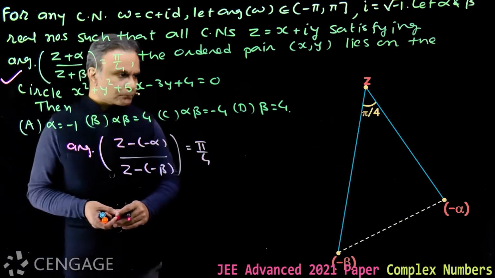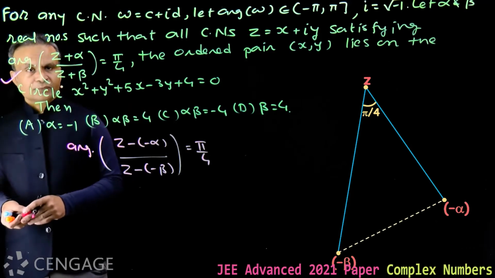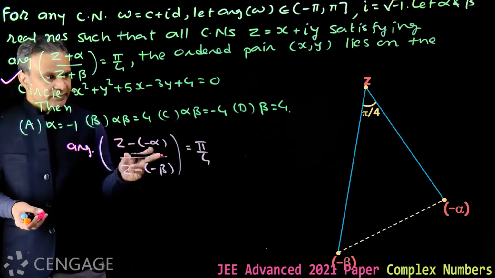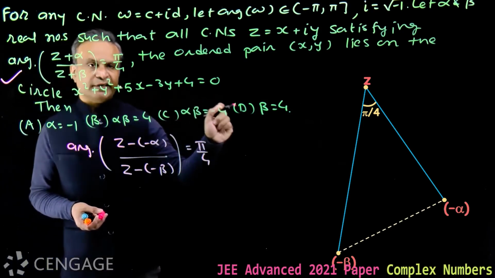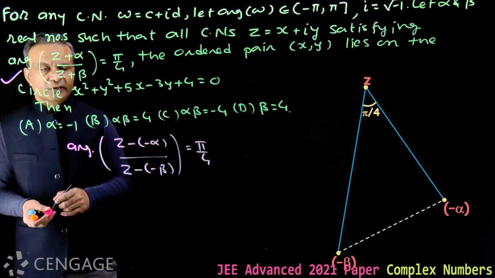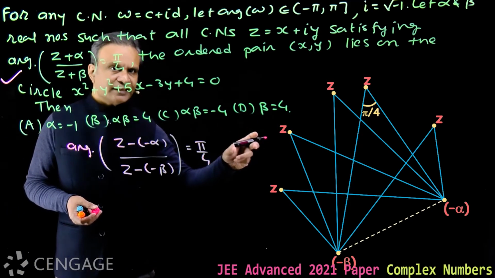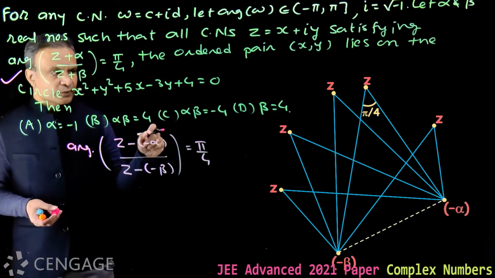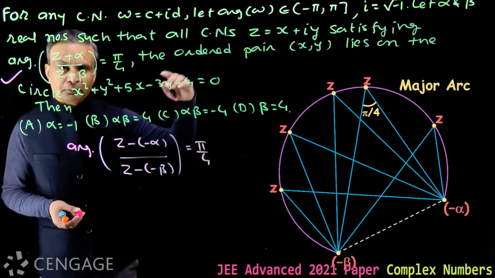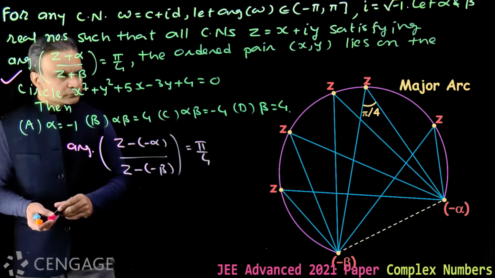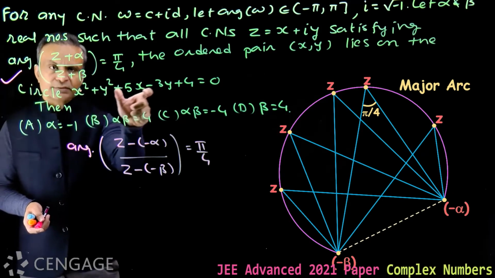Here we draw the figure. We have fixed complex numbers minus alpha and minus beta, and a variable complex number z. There will be infinite complex numbers z where the angle subtended by this line segment will be pi by 4. So we join all these points and these points lie on the major arc of the circle. Now all these points lie on the circle whose equation is this.